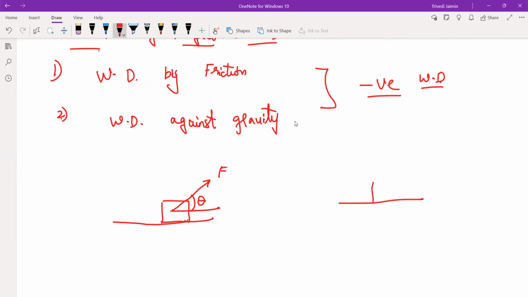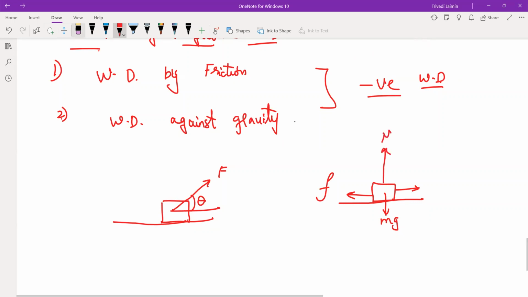If I draw the free body diagram, one will be the gravitational force, mg. And the frictional force also, the opposite force, which is f. Then the normal force, perpendicular to the surface.